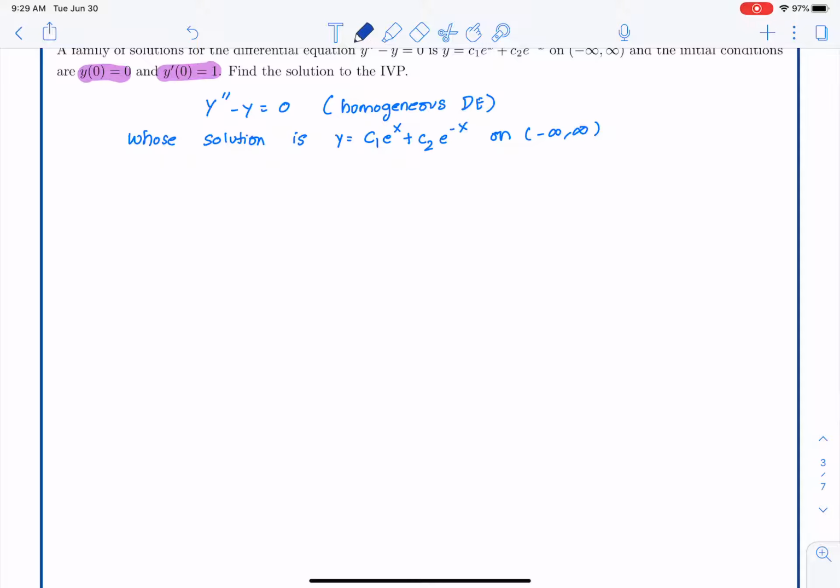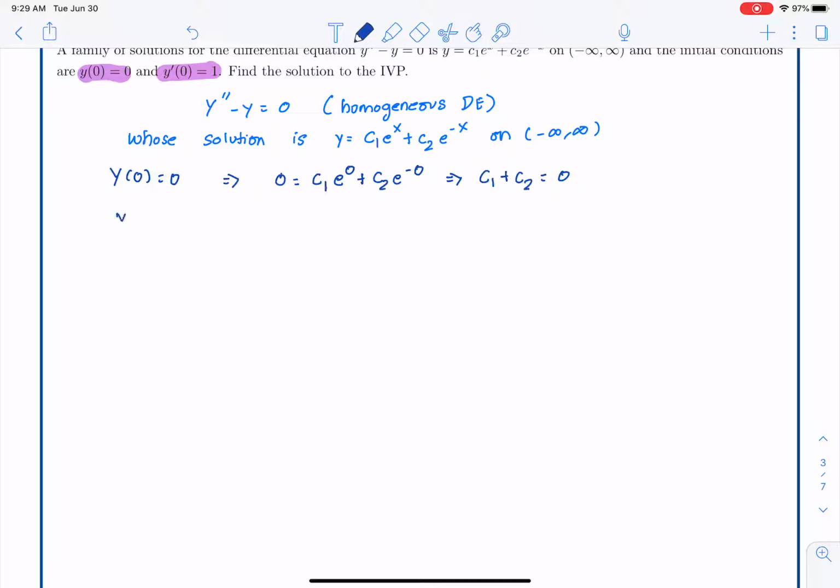So how do we go about solving this? We know y of 0 is 0. This would imply when x is 0, y is 0. So 0 would equal c1 e raised 0 plus c2 e raised negative 0, e raised 0 is 1, e raised negative 0 is also 1. We end up getting c1 plus c2 equals 0.